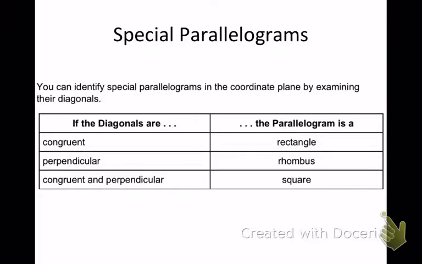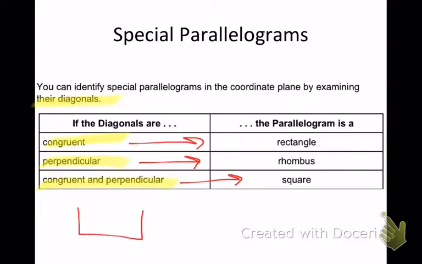We can also look at this in the coordinate plane. You can identify special parallelograms in the coordinate plane by examining their diagonals. If the diagonals are congruent, then it's a rectangle. If the diagonals are perpendicular, then it's a rhombus. And if the diagonals are congruent and perpendicular, that means it's going to be a square.